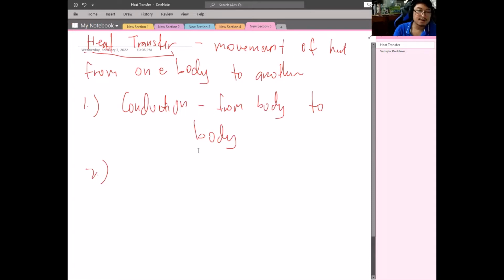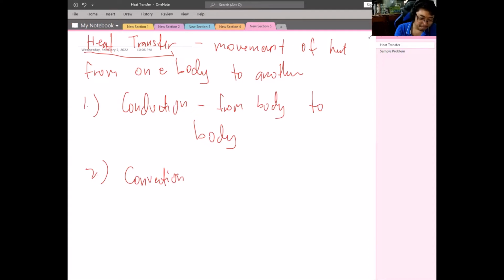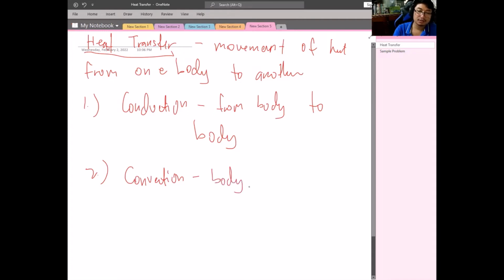So next mode of heat transfer is convection. So this is probably in midterm, no? This is our topic for midterm. So convection, from body, meron tayong medium, no?